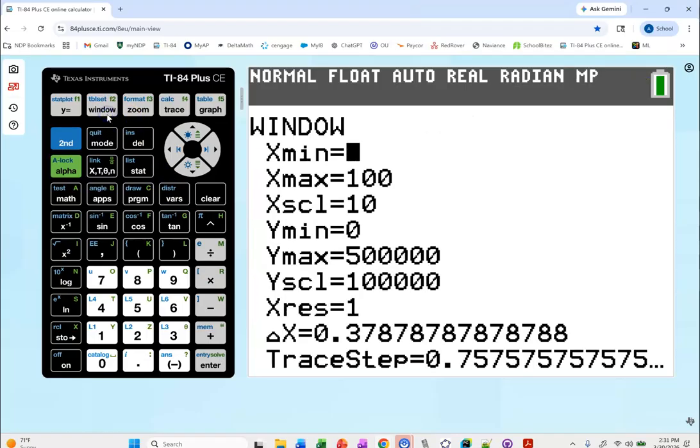All right, let's set our window. Again, the hard part is figuring out the x max. If I think about this, after 35 days, I'm going to have 5 grams. After 70 days, I should have 2.5. After 105 days, I'll have 1.25. After 105 days, I'll have less than 1, right? Everybody agree with that?